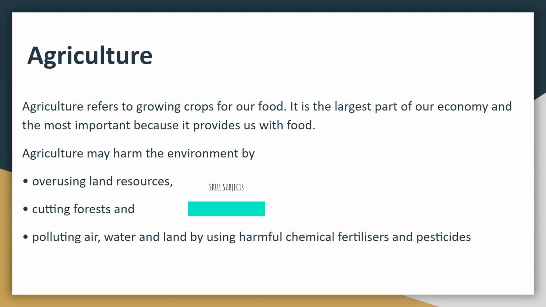So agriculture may harm the environment by one, overusing land resources, two, cutting down of forests, and three, polluting air, water, and land by using harmful chemical fertilizers and pesticides. So anything that's overly used, if you use the soil to a larger extent, then what would happen?